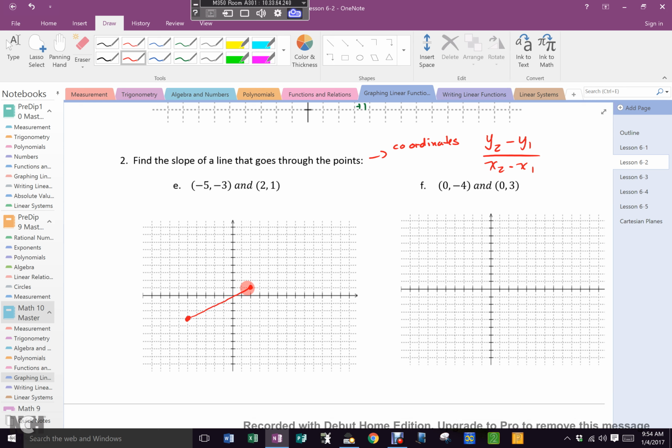How? By counting. And I do rise and run. So if I go up 1, 2, 3, 4, plus 4, and I run 1, 2, 3, 4, 5, 6, 7, I know this slope is 4/7. Correct? Everyone agrees?